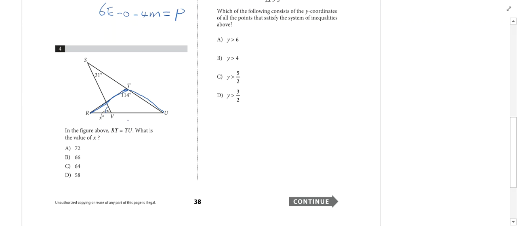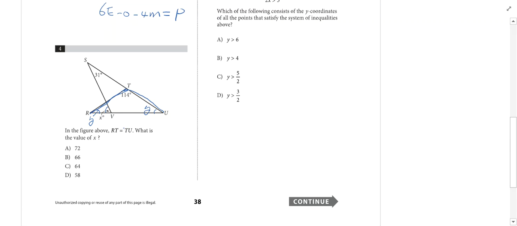Because when you see the triangle RTU, if you have 2 sides equal, that's an isosceles triangle. If this is an isosceles triangle, we know that these angles are equal. So we put it as angle Y. This is Y, so this one is also the angle Y.